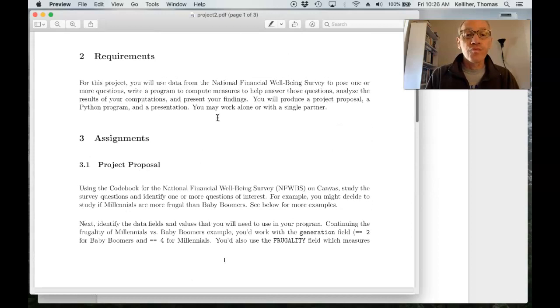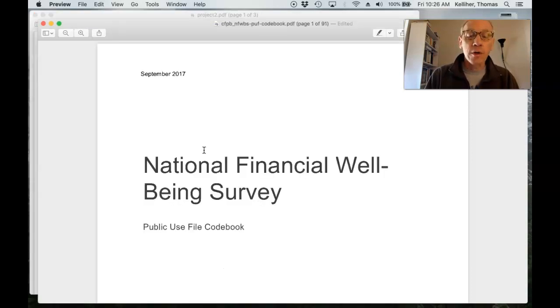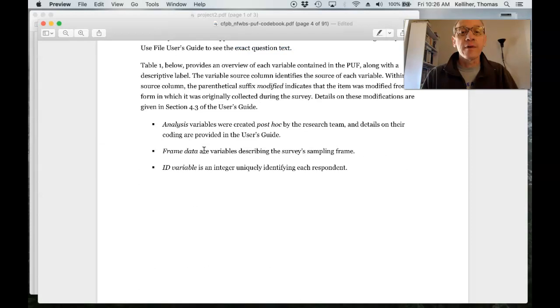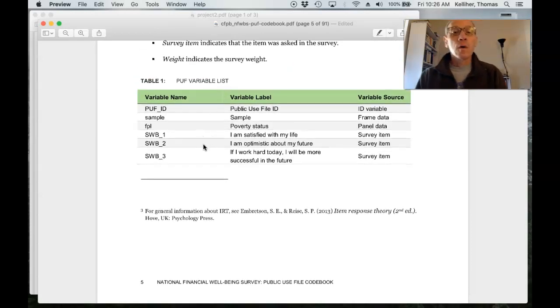Okay, so the idea is, here's the code book. Open the code book, and the survey questions start on page 5. Okay, so let's go to page 5. Here are where the survey questions start, and many of these have answers on a scale.